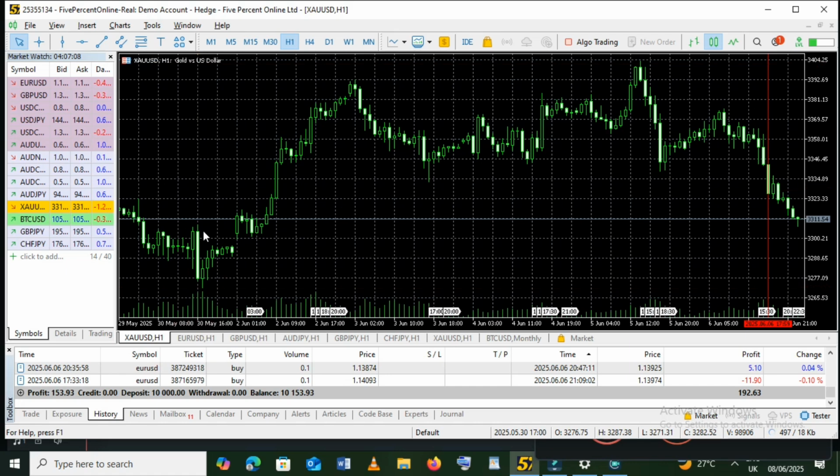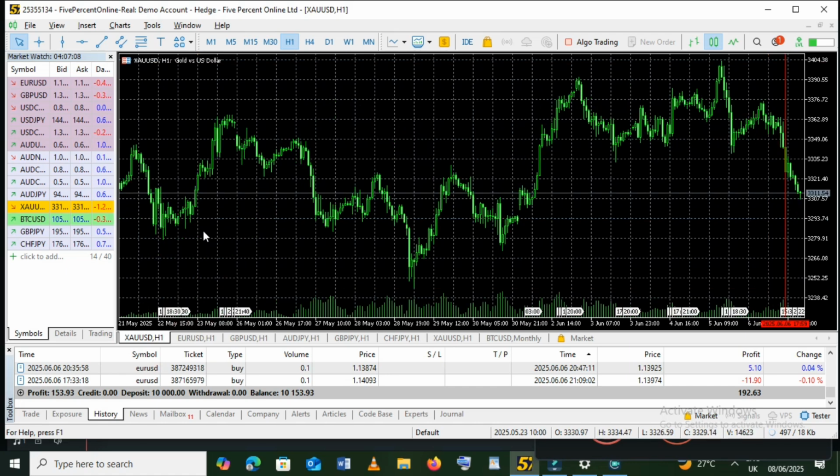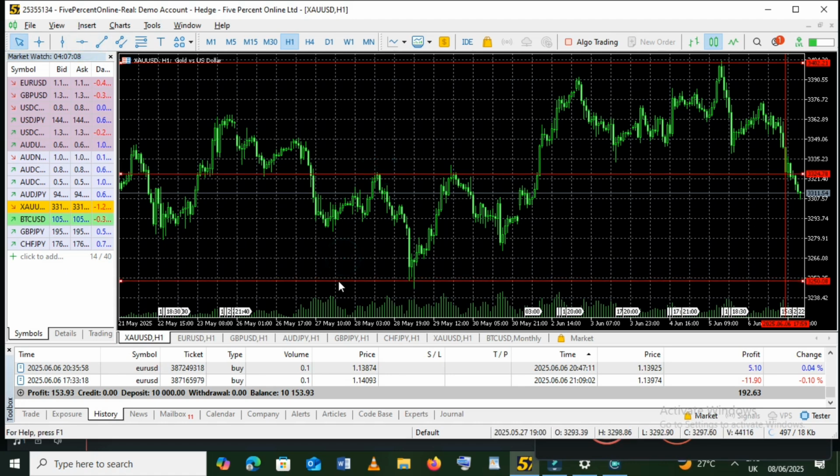Then another term in smart money concepts, I've just deleted the blocks. Another term in smart money concepts, let me put the blocks back so that you can be able to follow. So another term in smart money concept is liquidity grab. So what is liquidity grab?